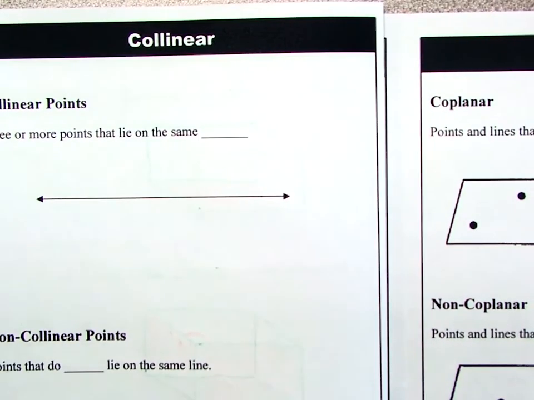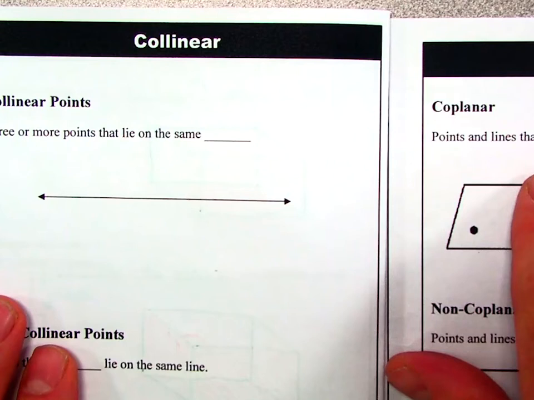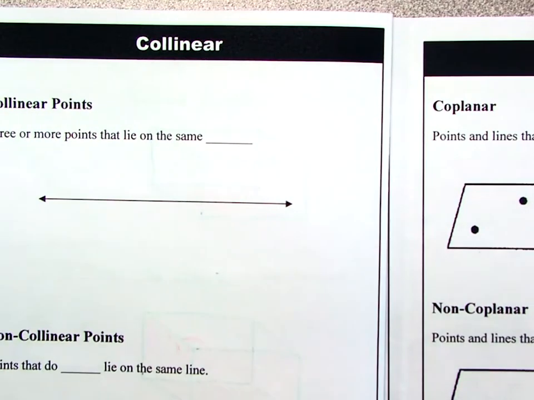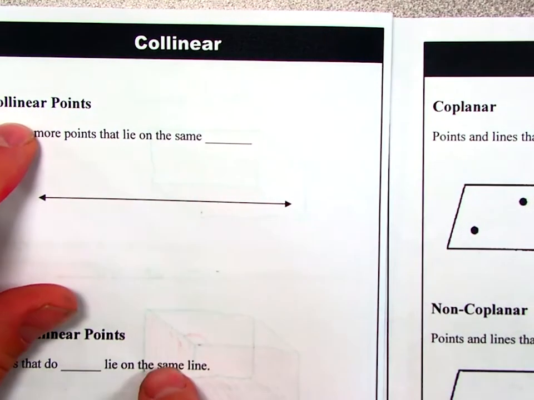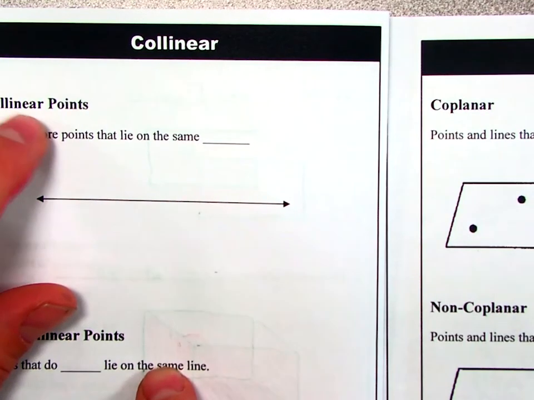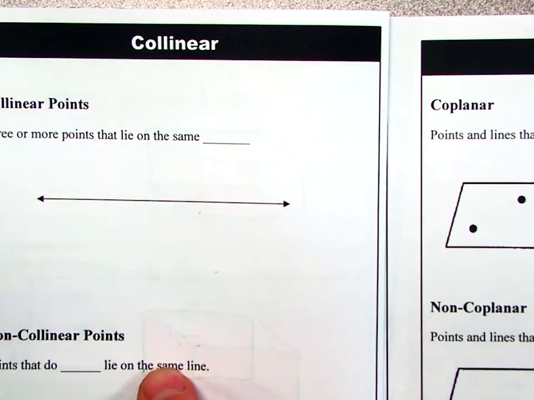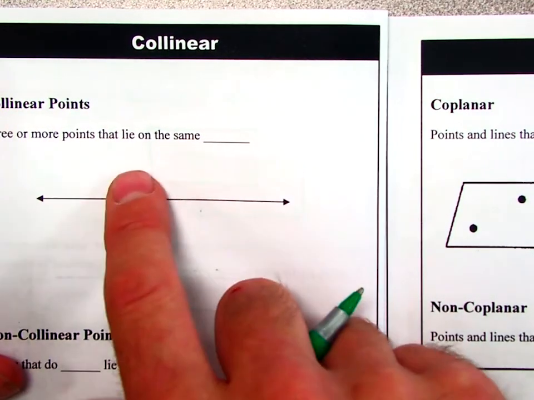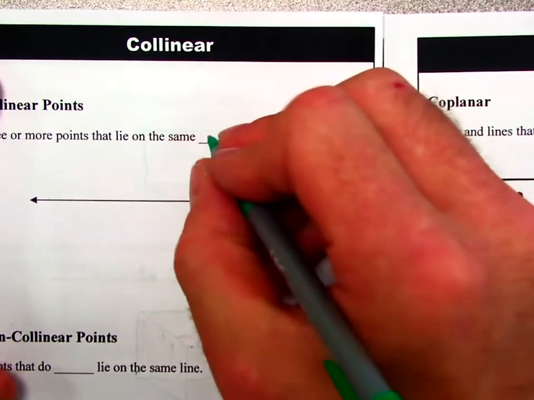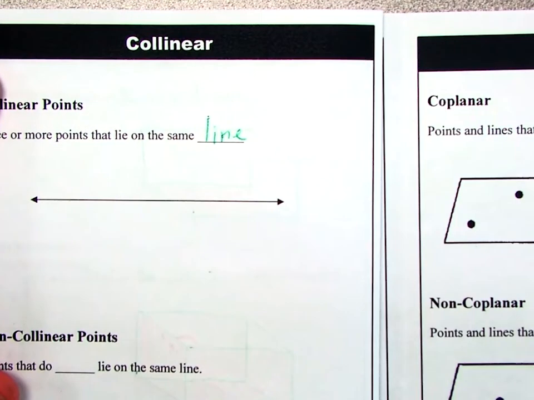Okay, we have these two terms, collinear and coplanar. Co just means joined with, right? So if you have points that are linear, that means they're straight. That just means we have 3 or more points that lie on the same line. That means they're collinear.